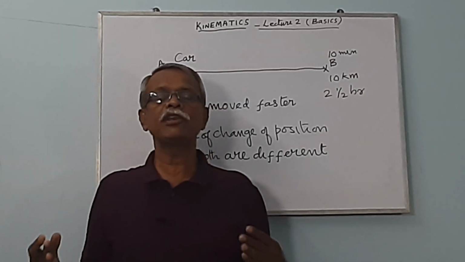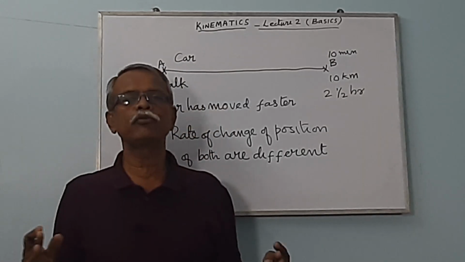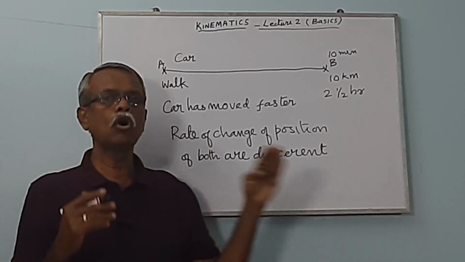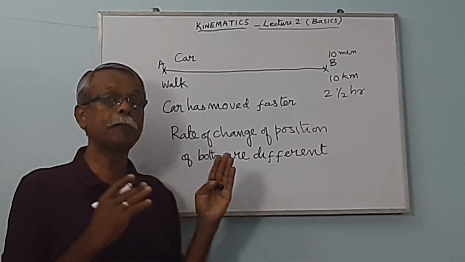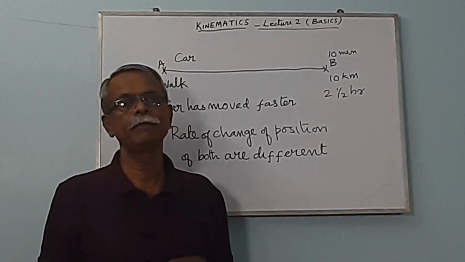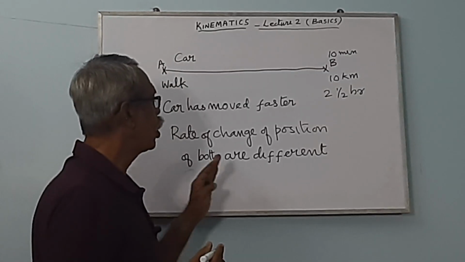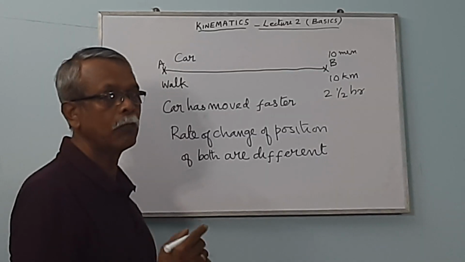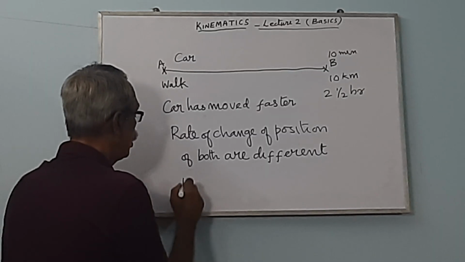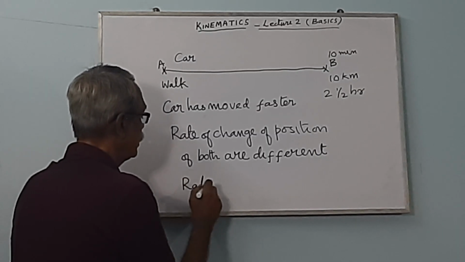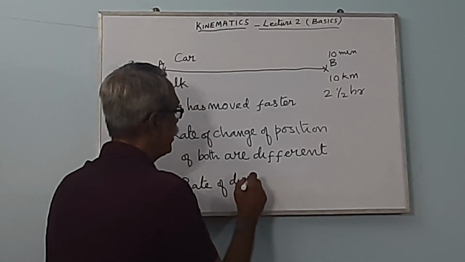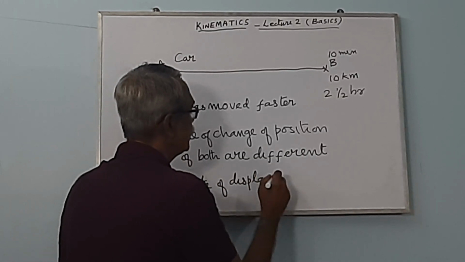The rate at which they are changing their position, or they are moving from one place to another, or the rate at which they are displacing is different. And we call this rate of change of position, more correctly the rate of displacement, as velocity.